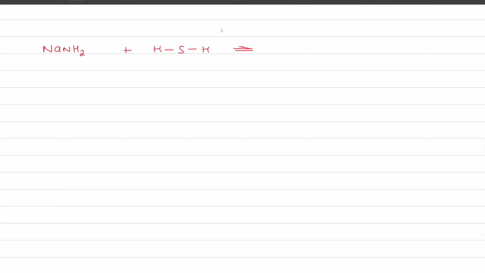So we have to decide which direction is favored. Like you said, exactly. Na plus is not doing anything here. It's just for motivation for the NH2 minus. But on this side we don't have a metal, so don't ionize.